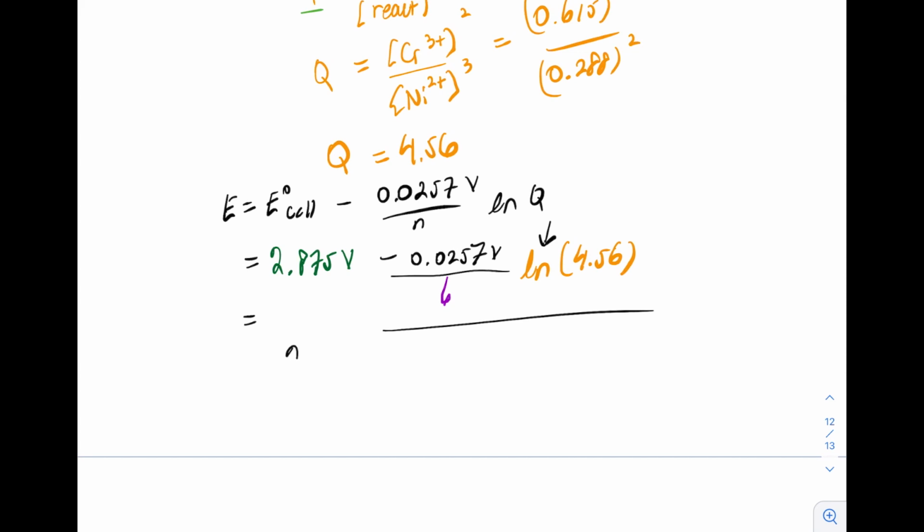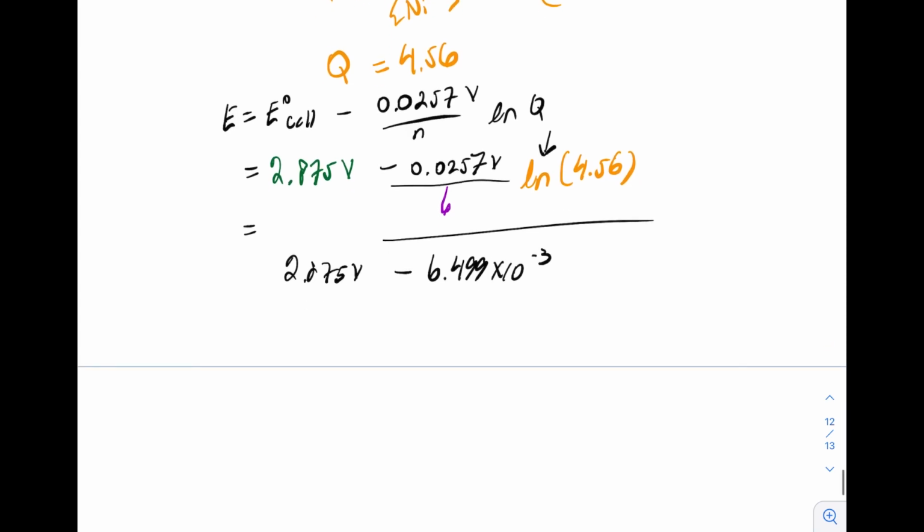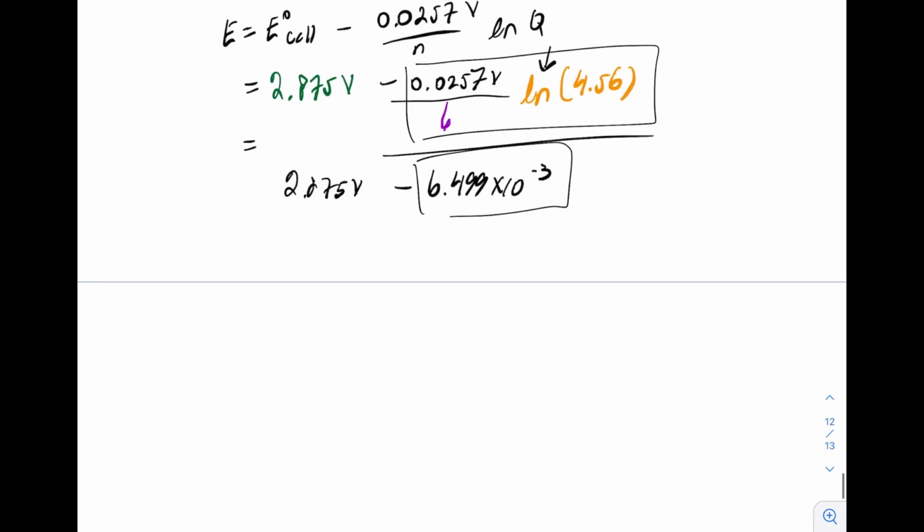And that's 2.875 volts, minus 6.499 times 10 to the minus 3. Let me double check that here. Yes, so that whole portion right here is 6.499 times 10 to the minus 3.